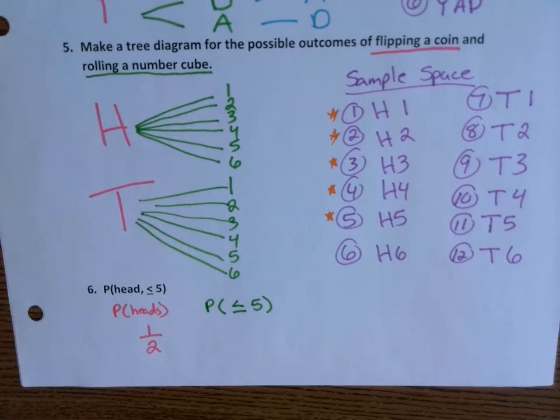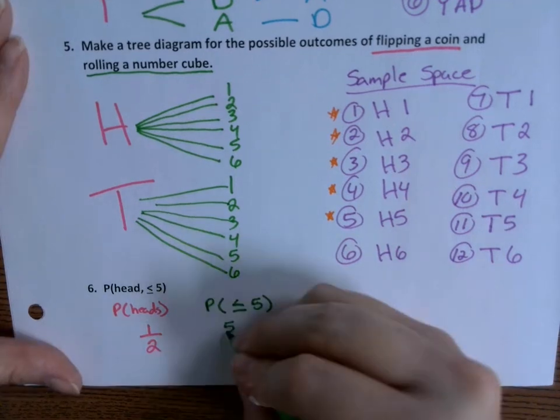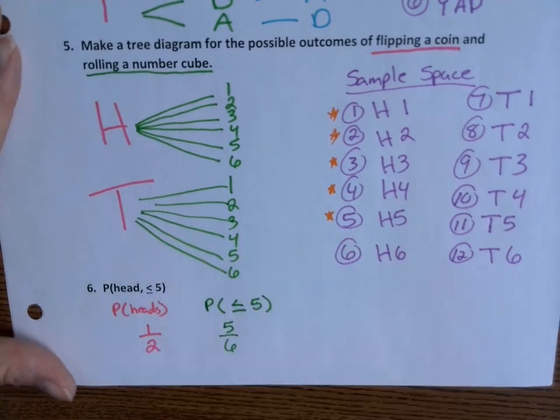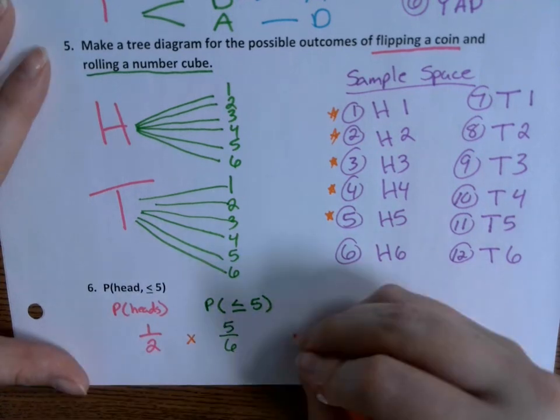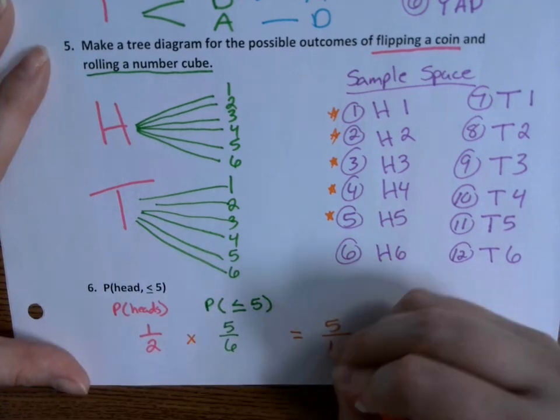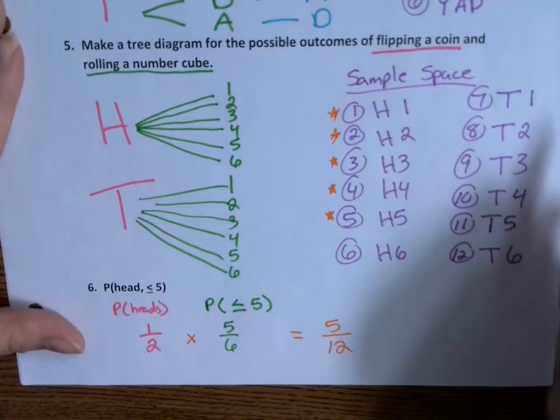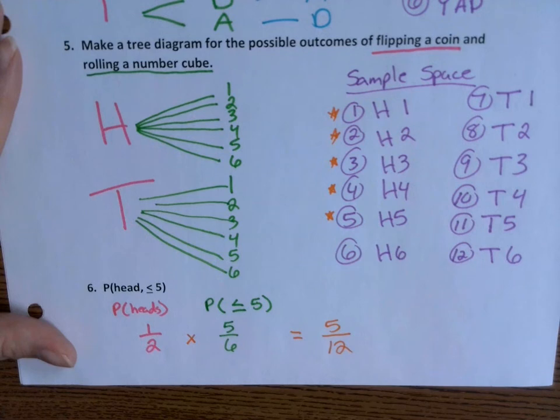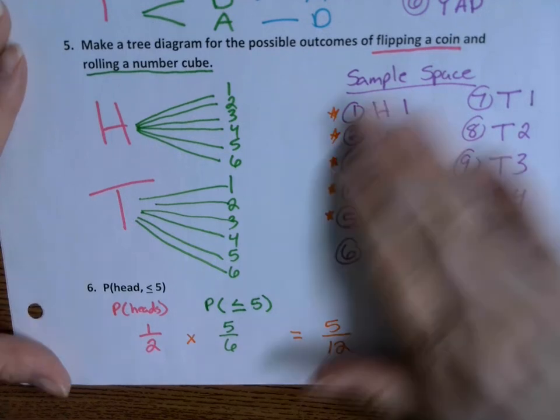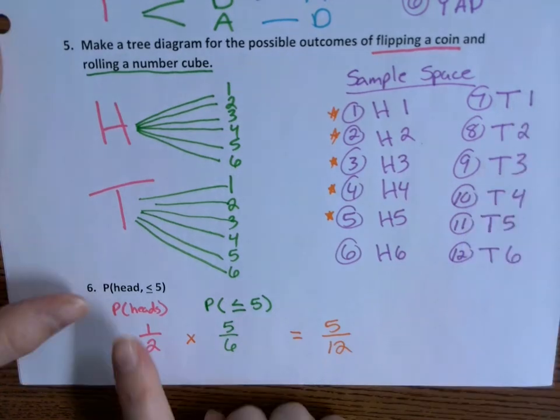And then we could just multiply those. 1/2 times 5/6 comes out to 5 out of 12. And look at that, 5 out of 12. So you could either use a map, or in some situations you could use the individual probabilities and multiply them.